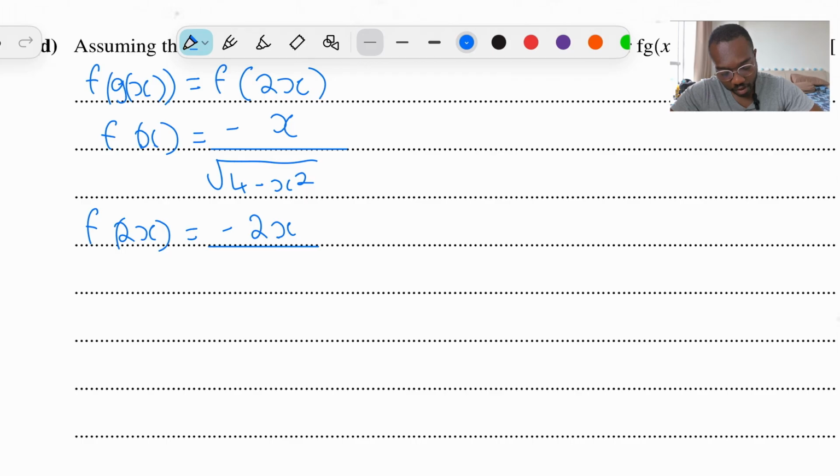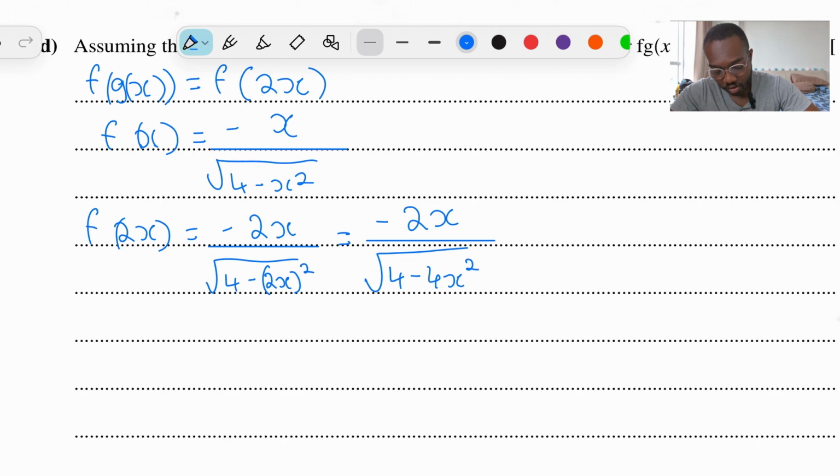And that is over the square root of 4 minus the 2x all squared, okay? So be careful of this one. Don't just do 2 and then x squared, you're going to lose a value. It's 2x, all of that is being squared. So therefore, that is a minus 2x over the square root of 4 minus 4x squared.